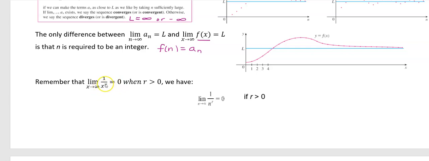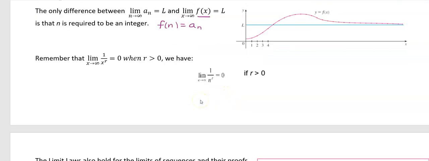Anything that had the denominator get really, really large and your numerator stay constant, your limit became 0. Well, that idea is going to apply to the limits for sequences as well. As n approaches infinity, n to the r power gets really large in the denominator and your numerator stays constant, so your limit for that case will also equal 0.